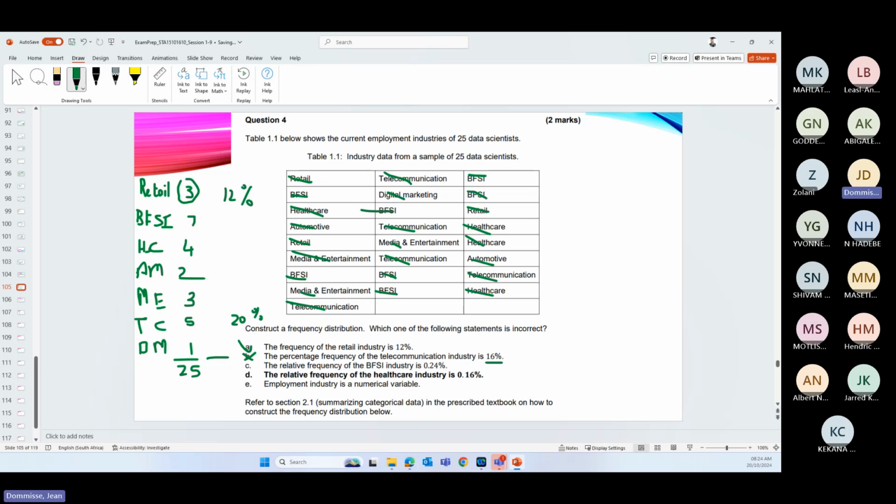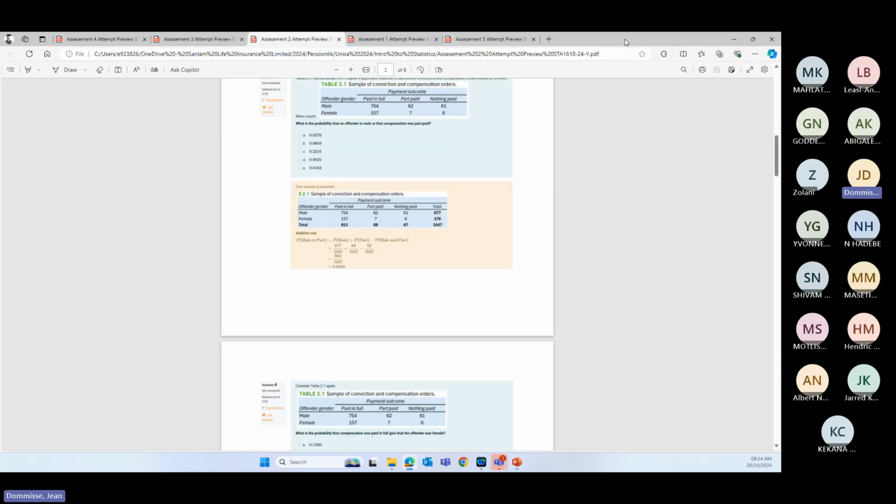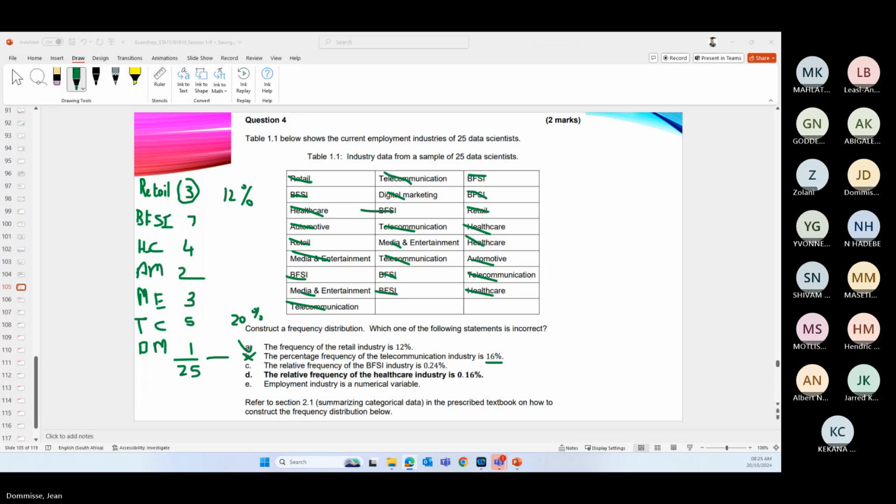Okay, so let's see how many are wrong in this one. Because yeah, you're actually right. The frequency is the number. Frequency is a number, yeah. So you're actually right.